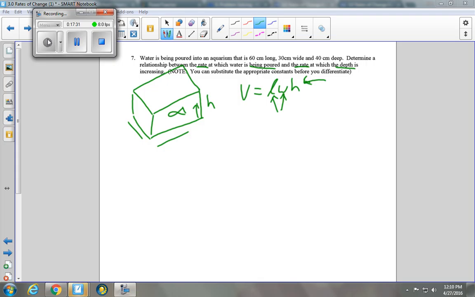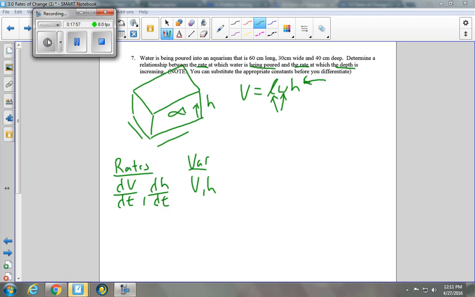So we've got volume changing over time. If we write down our rates, the rates that we're caring about are the rate at which volume is changing over time and the rate at which your height is changing over time. Our variables were V and H. So length and width are staying the same. Height's the one that's changing.